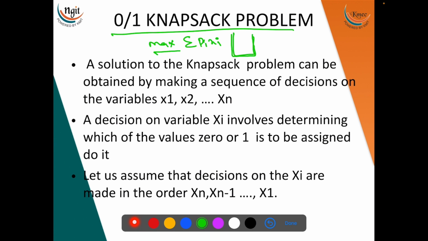And second, the weight of all the items should not exceed the capacity of the bag. We'll keep these two things in mind and find the solution for the problem.